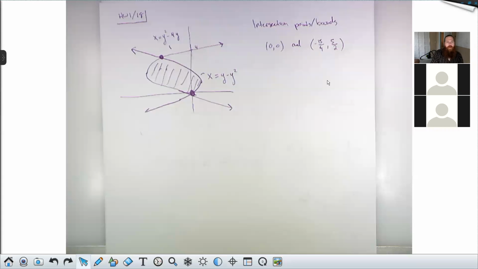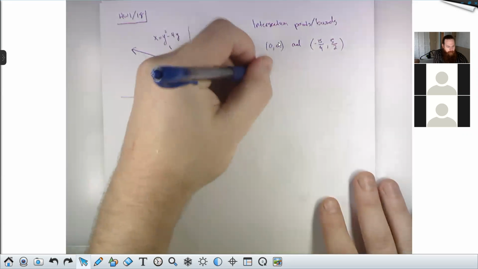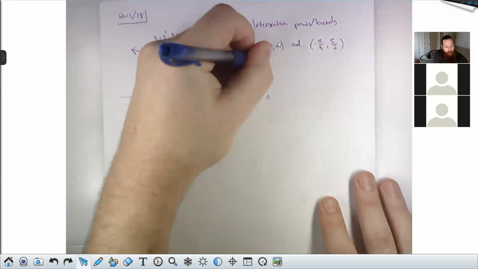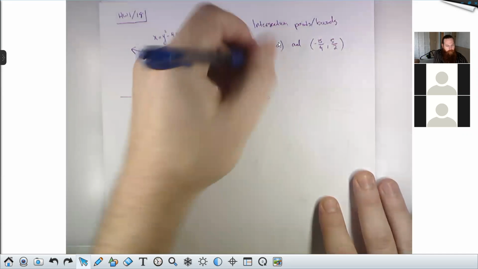And then like Rakib said in chat, we have to remember that these are y values. Because our integral is running dy, we imagine this little strip as sweeping up and down through this region from whatever this y value is, which is 0, to whatever this y value is, which is 5 halves. So the integral will run from 0 to 5 halves.